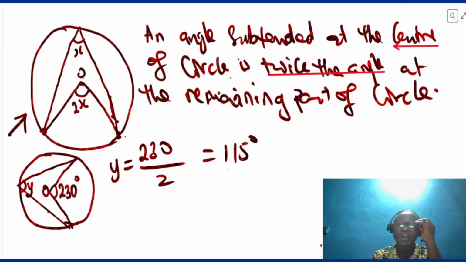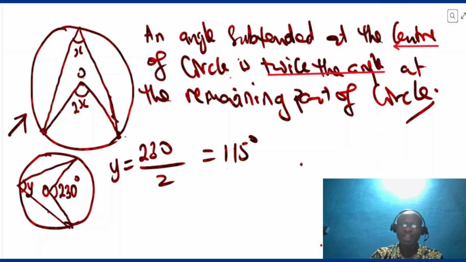It explains the theorem: once you are looking for an angle at the center, if you are given the one on the circumference, times it by 2 and you get the center. So 2x means the circumference angle x times 2. And the reverse is the case: when I give you the center, divide by 2 so that you get the circumference. Angle at center is twice the one on the circumference.